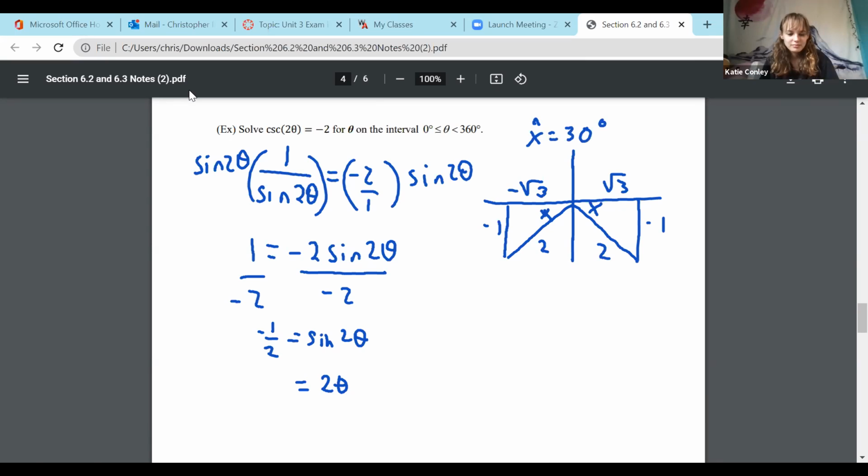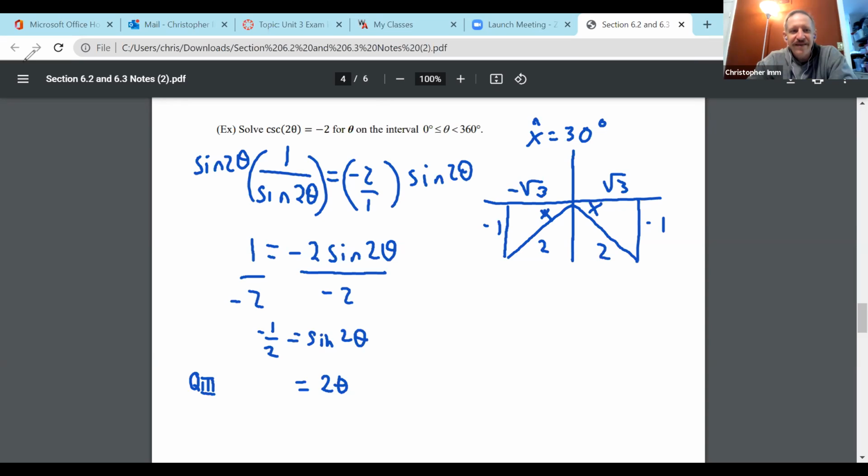All right. Excellent. So 2 theta in quadrant 3, what is 2 theta equal to? Jonathan? Quadrant 3. 210 degrees.